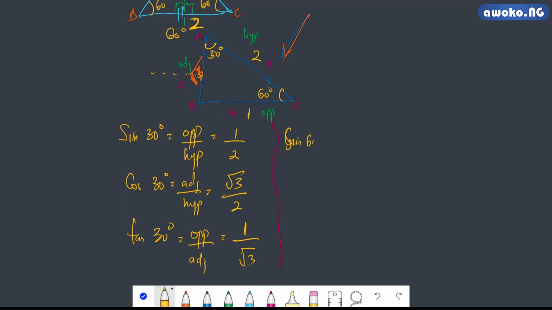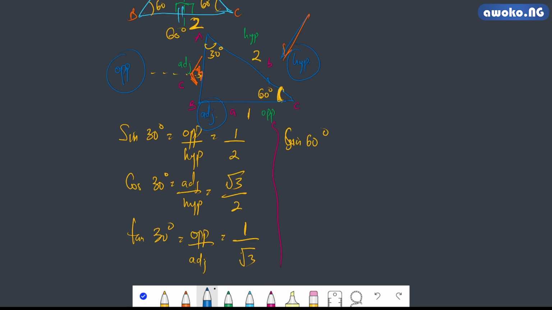We can also do the same for sine 60 degrees. In this case, since this is 60 degrees, this side becomes the opposite, while this side becomes the adjacent, and this other side remains the hypotenuse. Is that okay? So for 60, we use the blue ink, while for 30, we use the green ink.